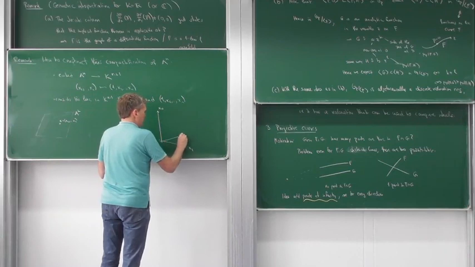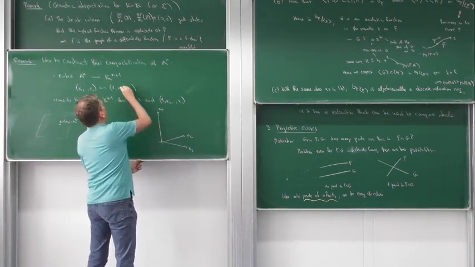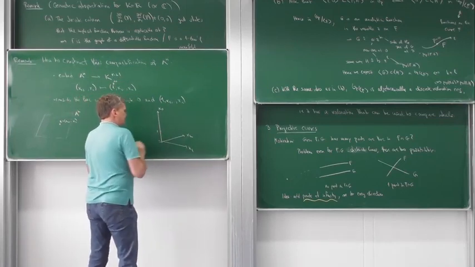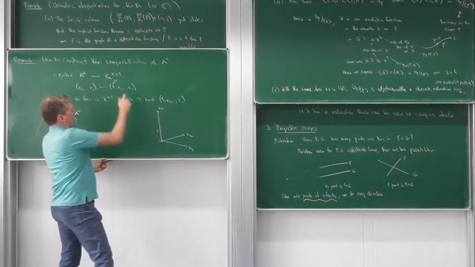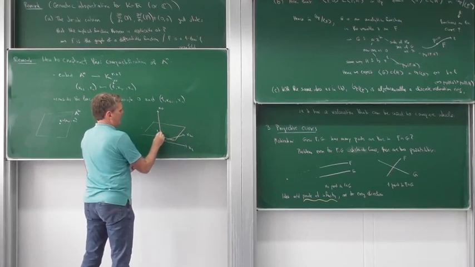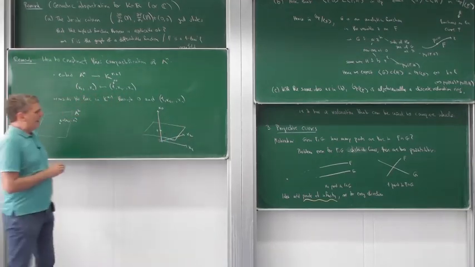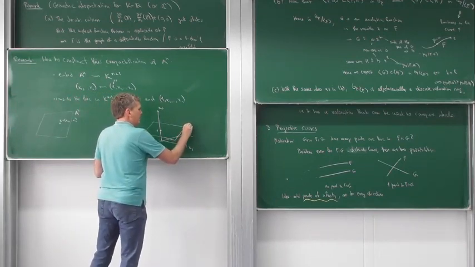So here we have x1 and x2. And the zeroth coordinate, which we usually call x0, we set to 1. And that means we just embed the plane up here at the height 1. So to say, if x0 gives the height, then there will be height 1. So that's our image of A2.